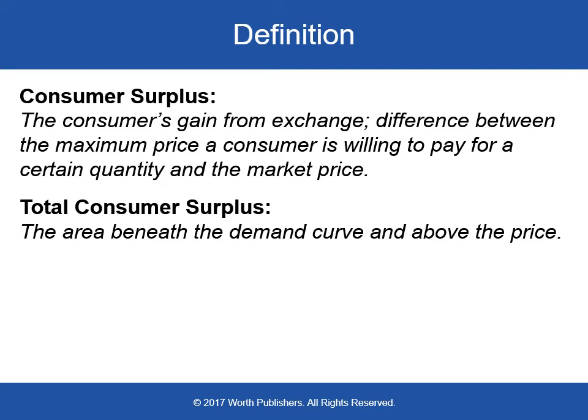And we're going to see that you can think of this as a geometric thing, an area beneath the demand curve and above the price. But I want to get the concept across first. Consumer surplus means you are paying less than you would be willing to pay because the market price happens to be relatively low for you.